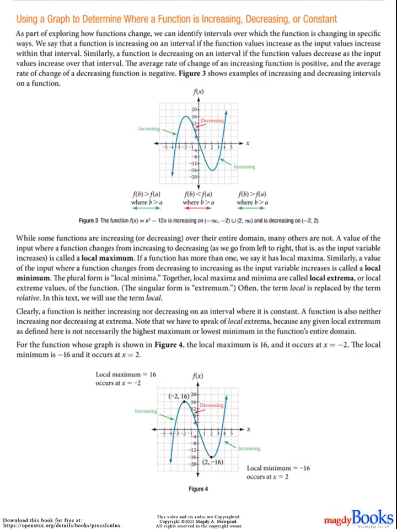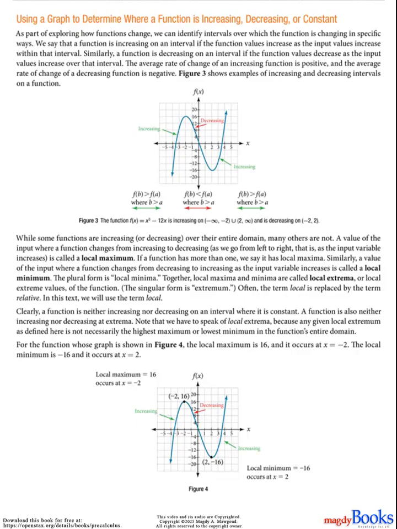The function f of x equals x cubed minus 12x is increasing on the interval (negative infinity, negative 2) union (2, infinity), and is decreasing on the interval (negative 2, 2).